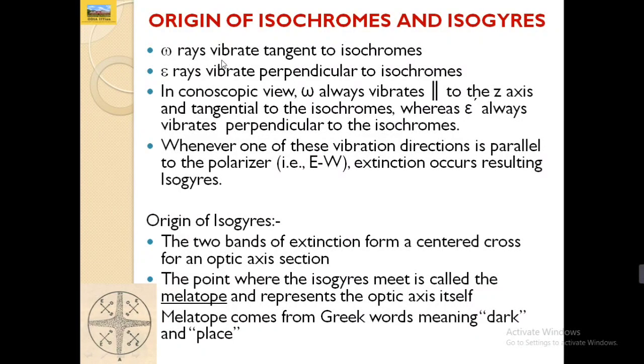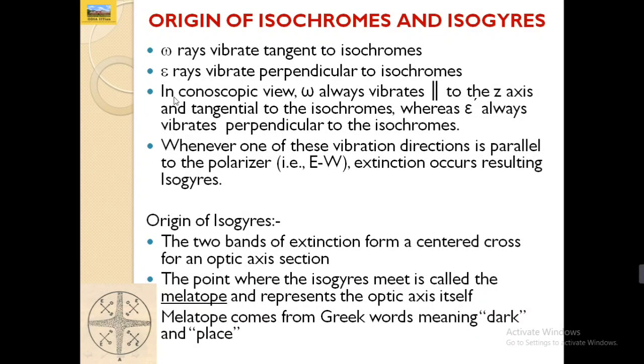Omega, that is O ray, vibrates tangent to isochrome, and epsilon, that is E ray, vibrates perpendicular to isochrome. These 2 points are very important, that we are going to discuss in the next video also. In conoscopic view, omega always vibrates parallel to the z axis and tangential to the isochromes.